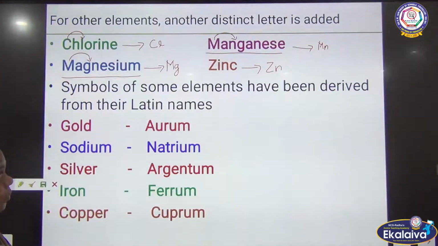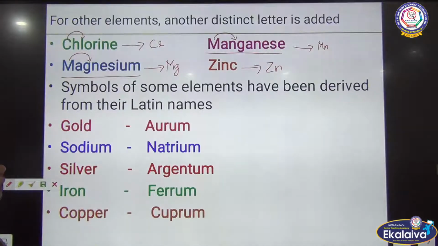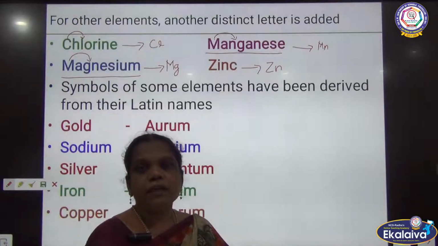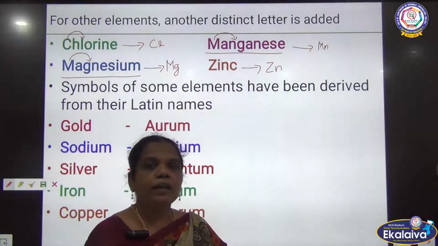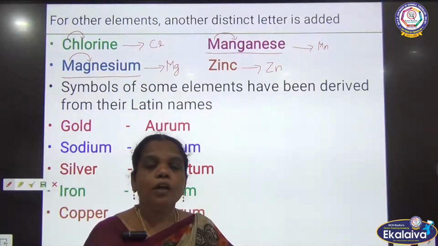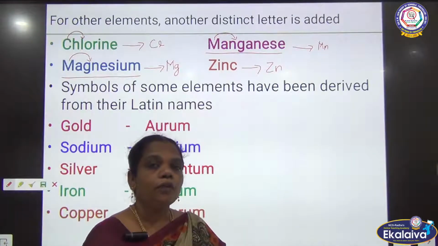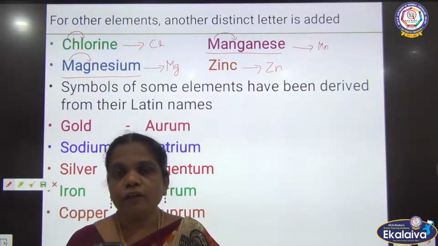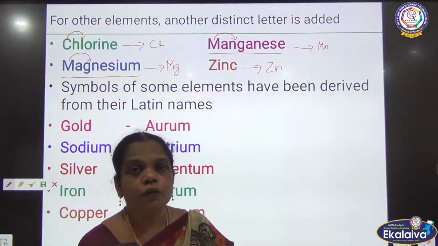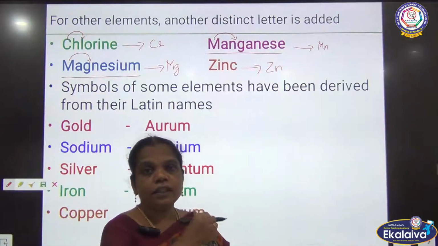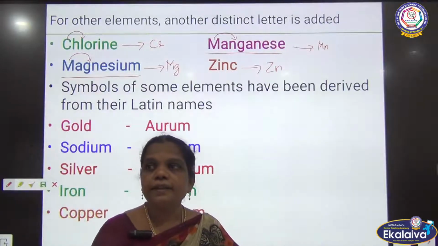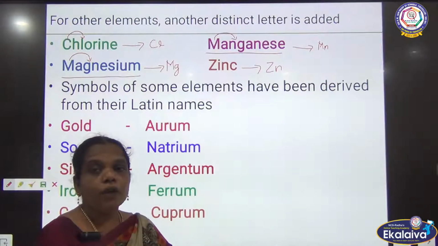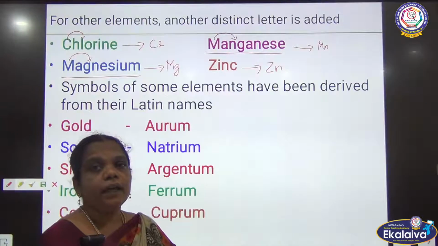And next, for some of the elements we derive the symbol from their Latin names, because of the similarity of letters, the same letters for two or more elements. First we follow the first letter of the English name of the element, then the first two letters, then the first and third distinct letters, and if there is still a similarity, we assign it by the Latin name of the element.